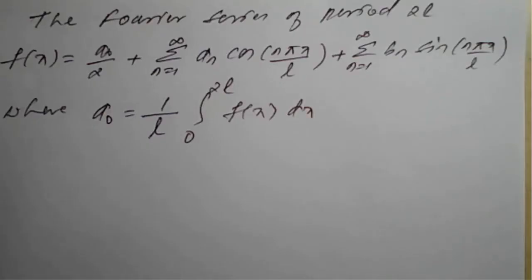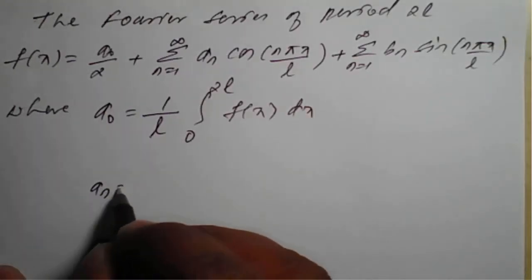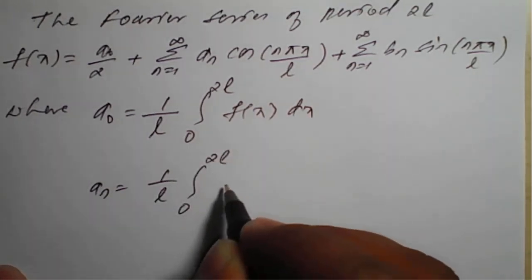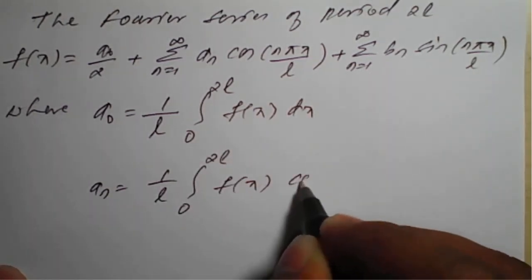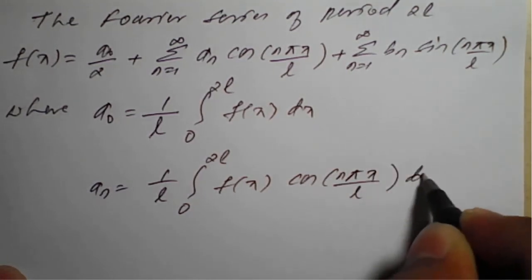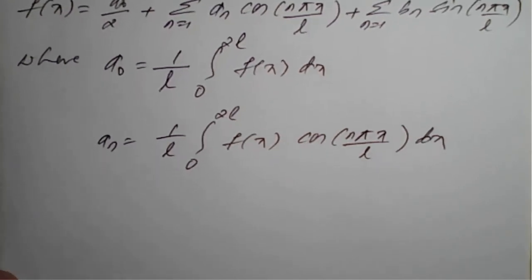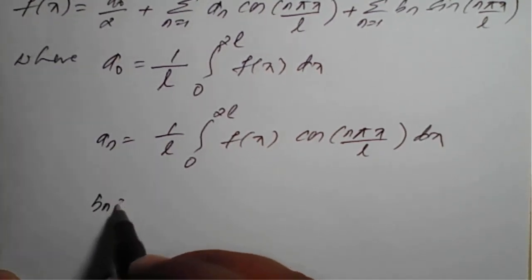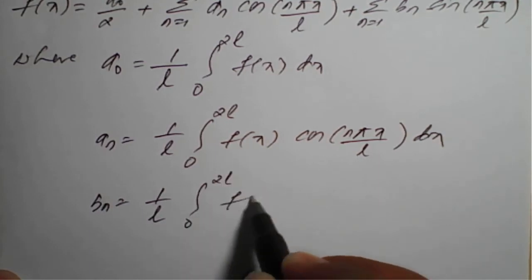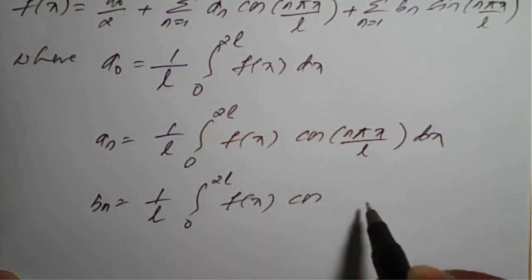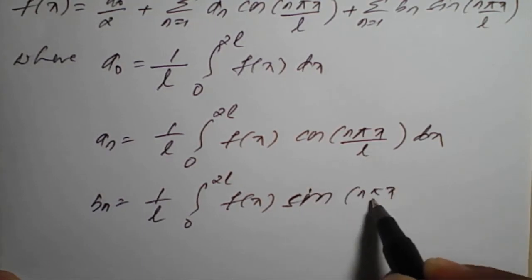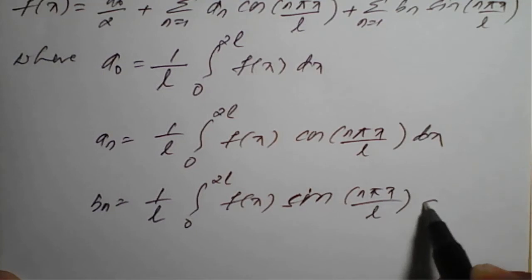Next, an is (1/L) integration from 0 to 2L of f(x) cos(nπx/L) dx, and bn is (1/L) integration from 0 to 2L of f(x) sin(nπx/L) dx.